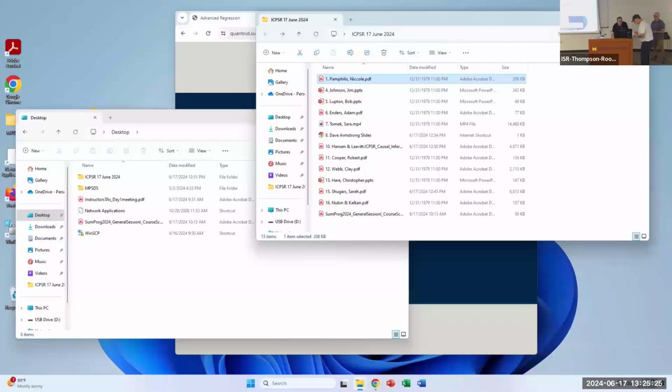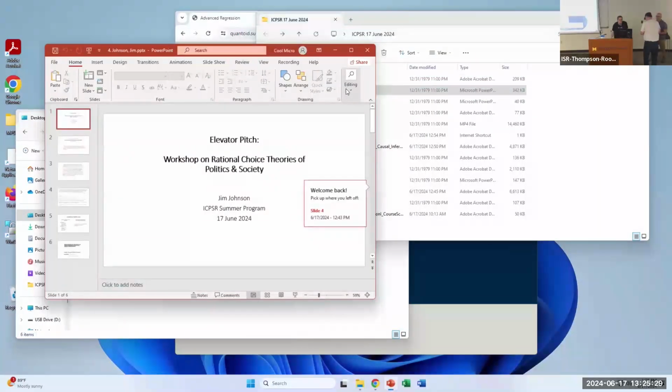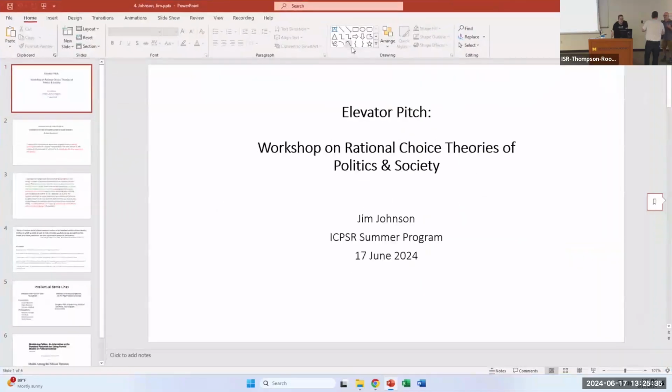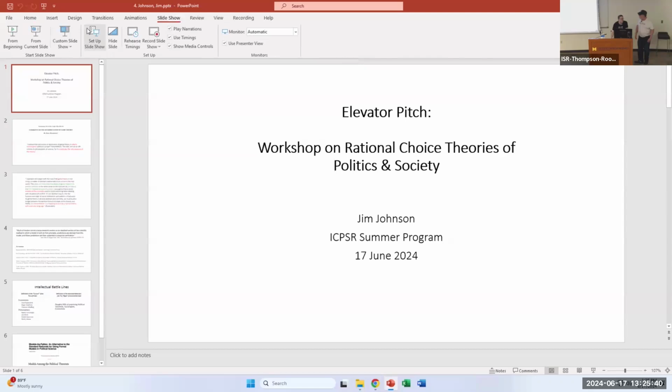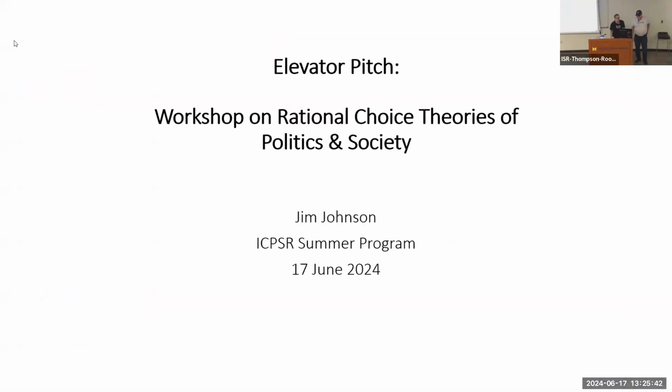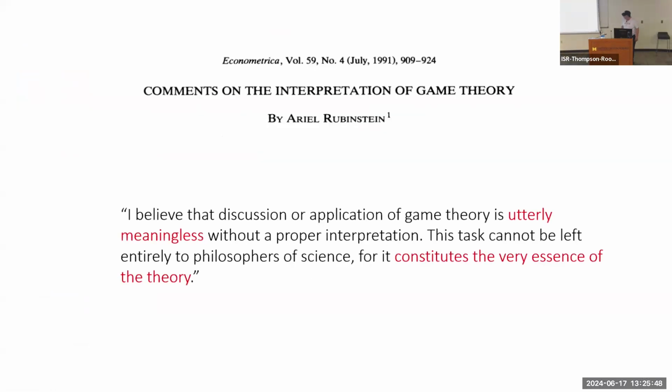I do have slides. All right. I'm having difficulty. This mouse is too sensitive. From the beginning, go. All right. And you can use that if you want. And how does this work? All right.